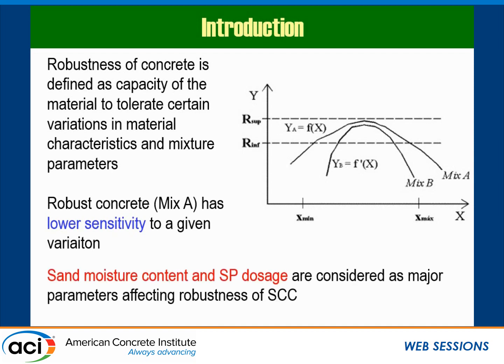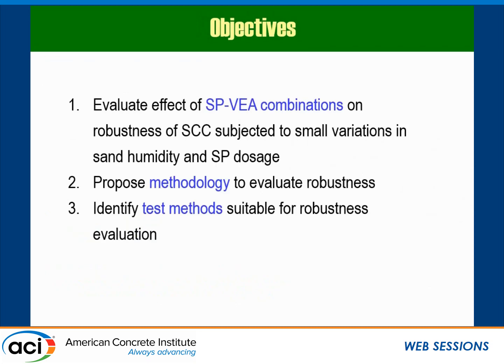It's been known that the use of viscosity-enhancing agents, or viscosity-modifying admixtures, at a low dosage can help enhance this robustness and widen that zone. As you'll see in my presentation, the viscosity-enhancing admixtures are not really used to enhance stability, but to enhance robustness.